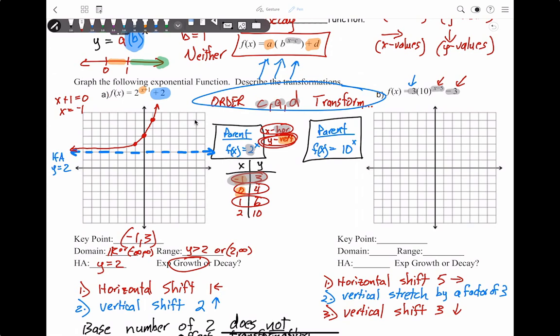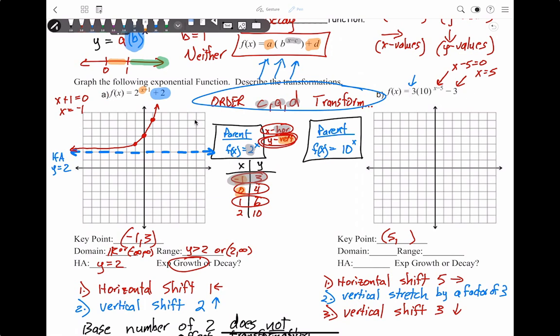All right, so what is our key point? Our key point comes from making our power equal to 0 and solving for that x. So let's say x minus 5 is 0, therefore x is 5, which would be the x value of this key point. Okay, and yes, if I put 5 into this equation, let me highlight that as I go so that you can see it happen.